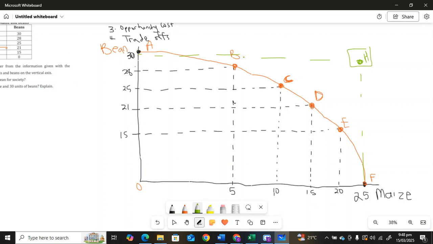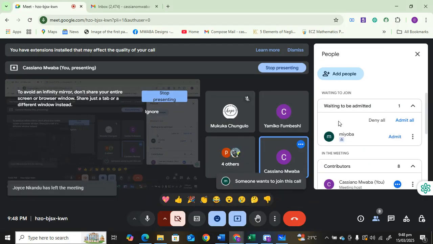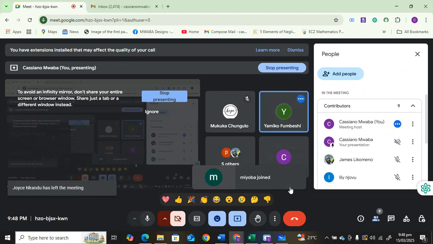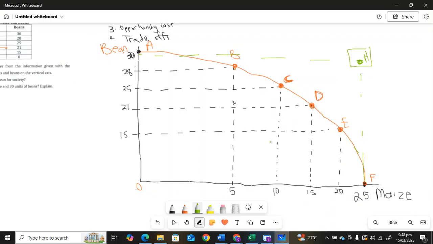Then remember, colleagues, any point along this orange line, what does the points along the orange line mean? Yes, thank you. That's correct.